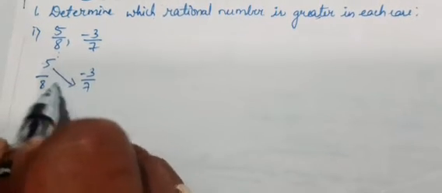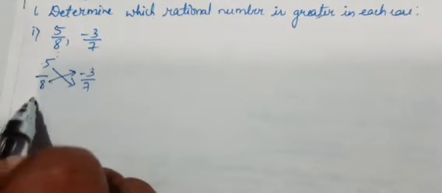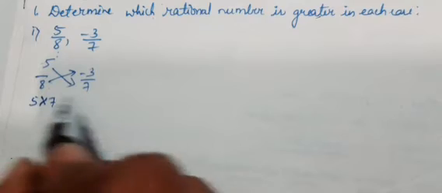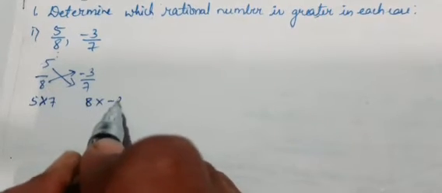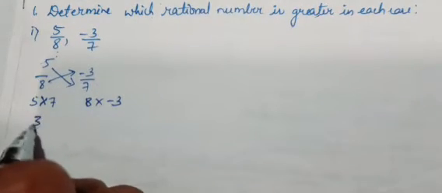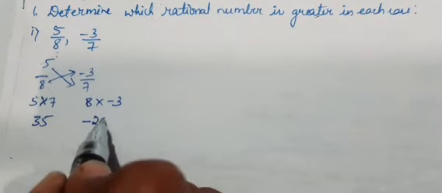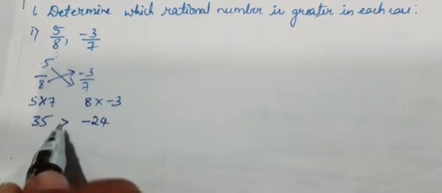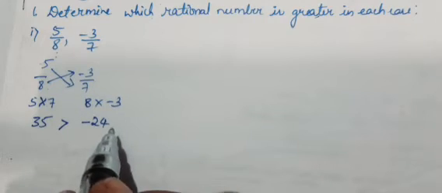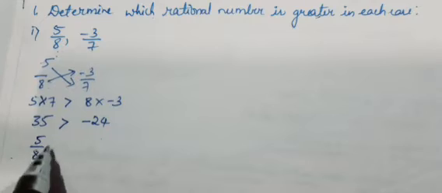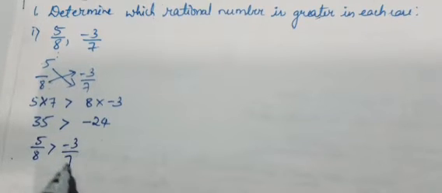When I cross multiply, I get 5 into 7, and then the right side 8 into minus 3. 5 sevens are 35, plus into minus is minus, 8 threes are 24. Therefore, 35 is greater than minus 24. We can write that 5 by 8 is greater than minus 3 by 7.